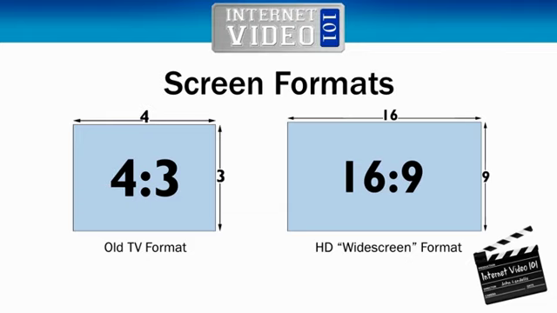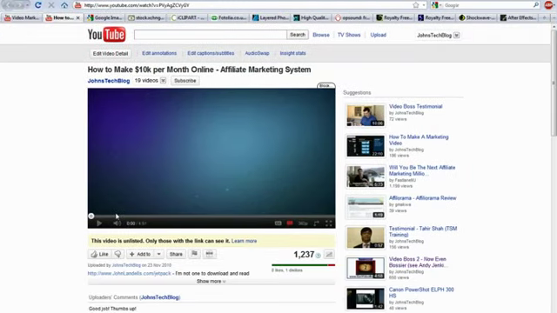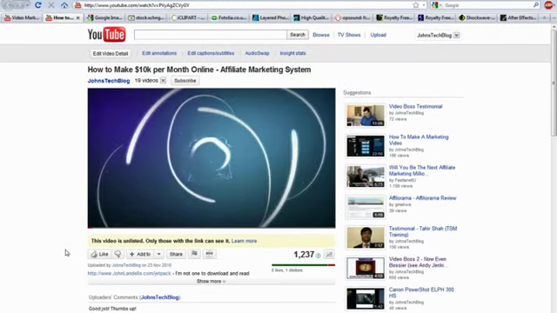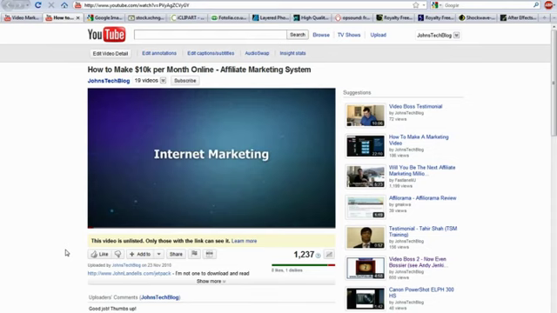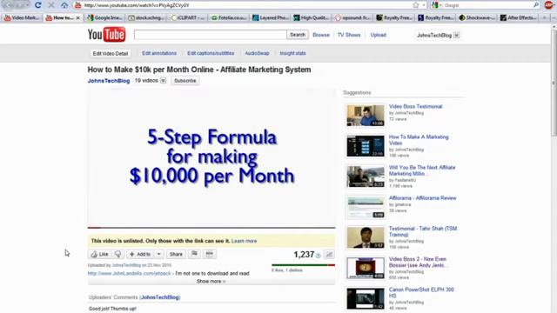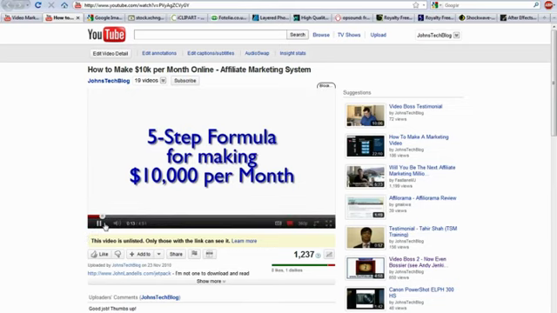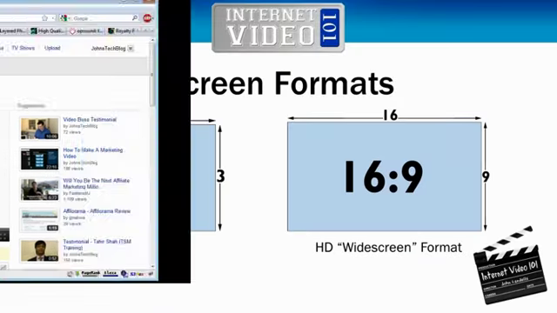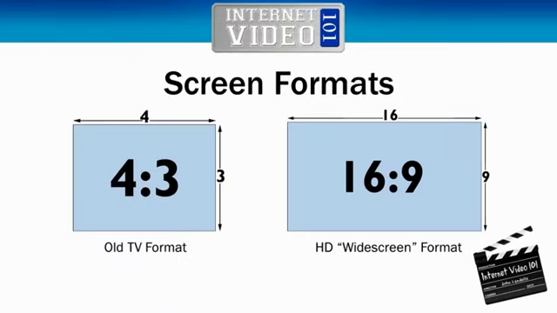And again, if we go back to YouTube, this now is going to start looking very familiar. So we can see straight away the real benefit of doing this in YouTube. Immediately we got rid of these black bars, so my video is really filling this space. And it just looks more professional when you're producing a marketing video.